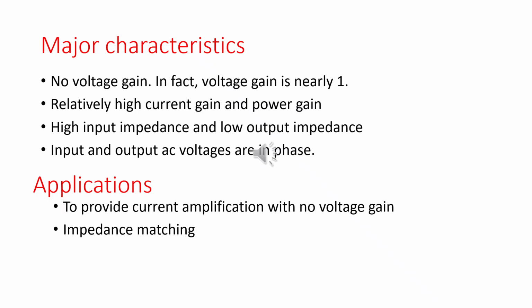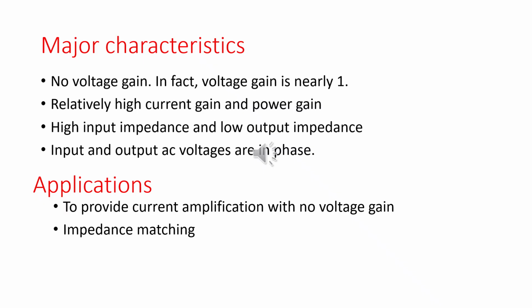Why? Because voltage gain, as we know, is given by the ratio of output voltage to input voltage, that is VO by Vin. And we had already told that the emitter follower circuit gives an output voltage almost equal to the input voltage. So VO and Vin will be approximately the same.